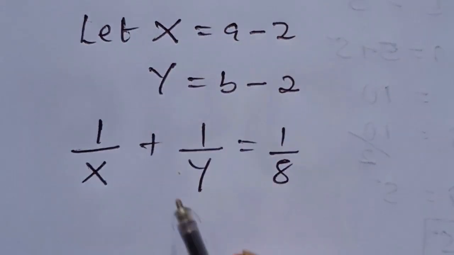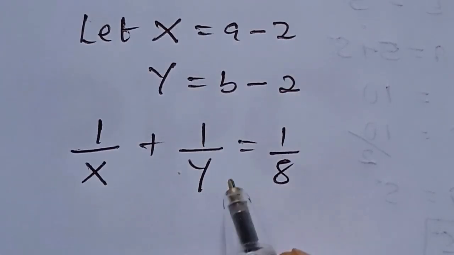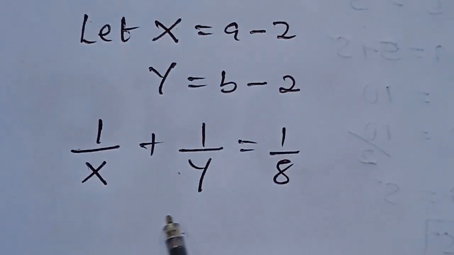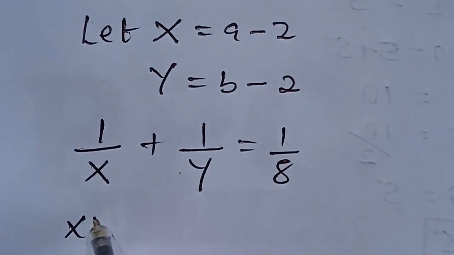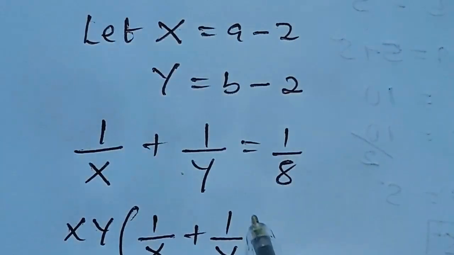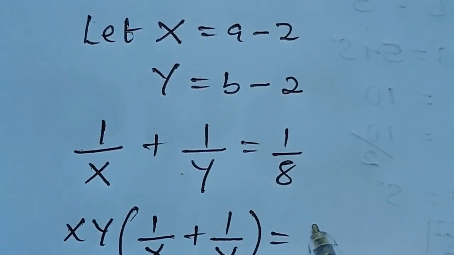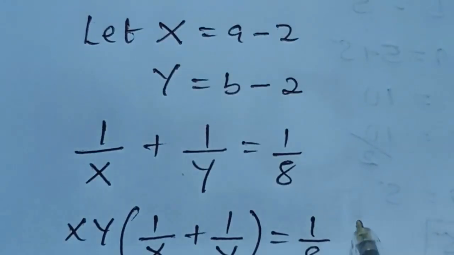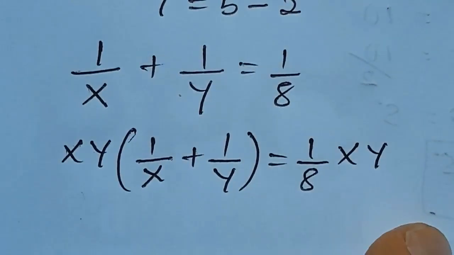Now we simplify the left hand side and the right hand side by multiplying it with xy. So we have xy into bracket 1 over x plus 1 over y, then equal to 1 over 8 xy.